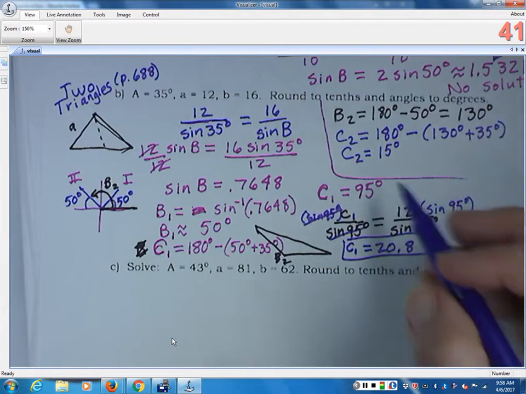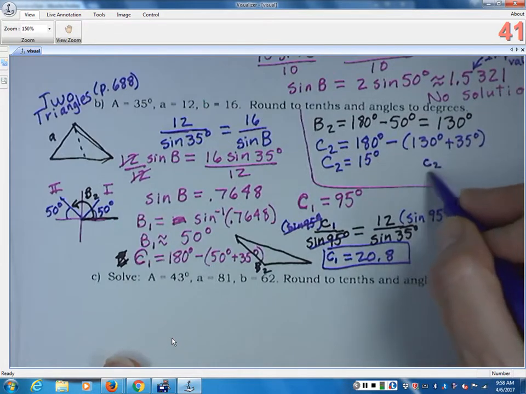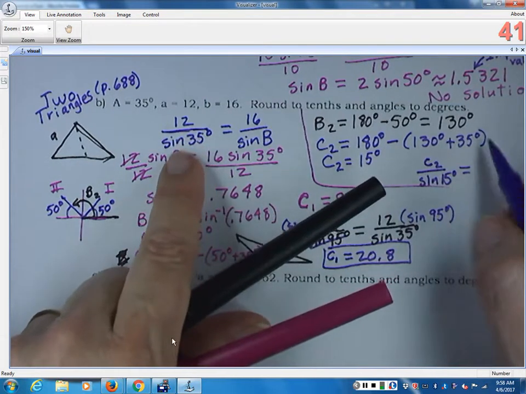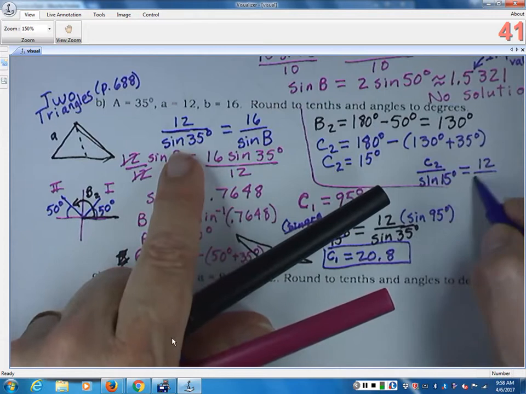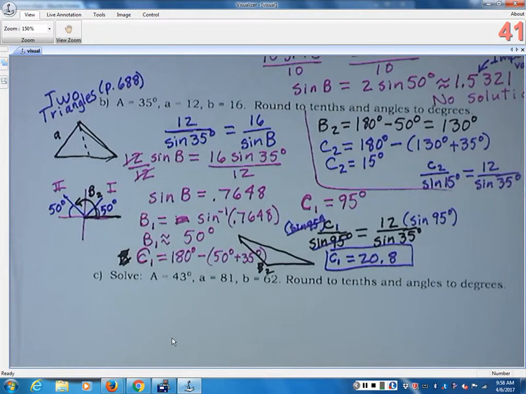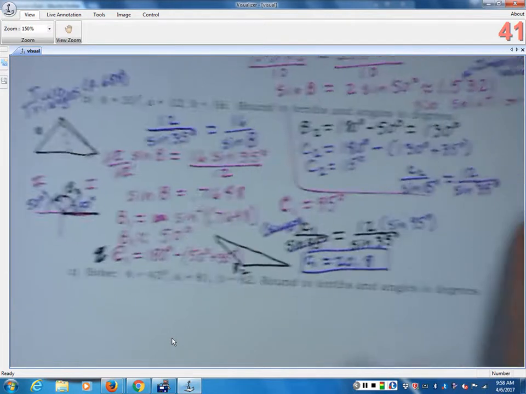Now you're going to find side C2, small c2, over sine of 15 equals the known ratio, 12 over sine 35. You're going to multiply through by sine 15.